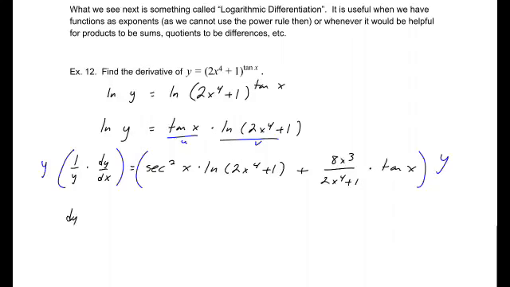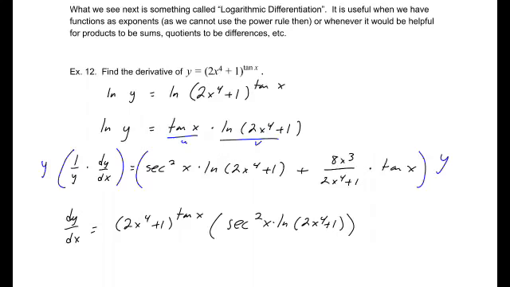So we get dy/dx equals (2x^4 + 1)^(tan x) times secant squared x natural log of 2x^4 + 1, plus 8x cubed over 2x^4 + 1 times tangent x. So that whole quantity multiplied by our original expression.